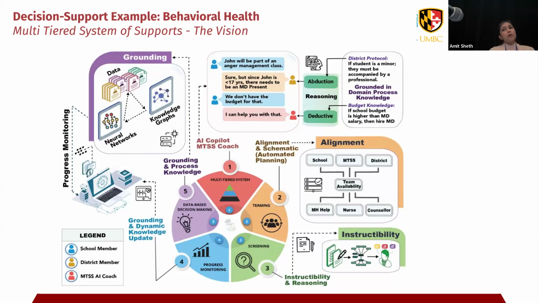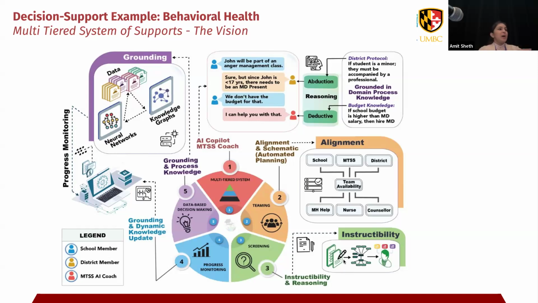If you're talking with a school counselor or a clinician, you would know that they have some domain knowledge within the medical domain, right? If you're talking with a teacher, you know that their expertise is in education, and the model responds according to that. So that's where alignment comes into play.